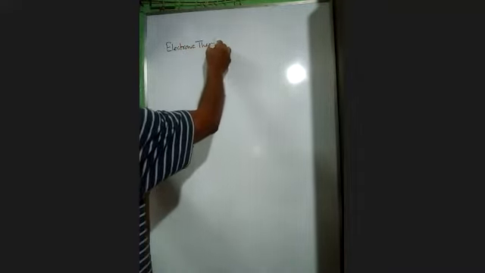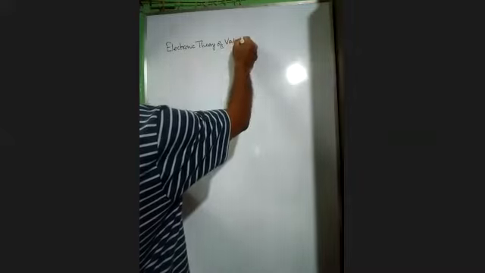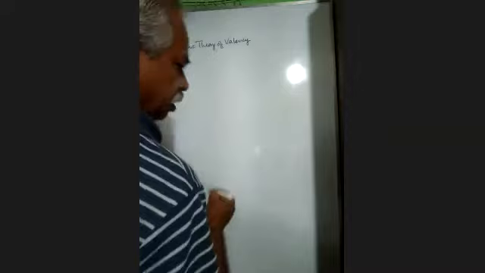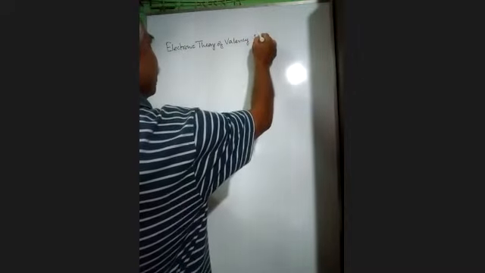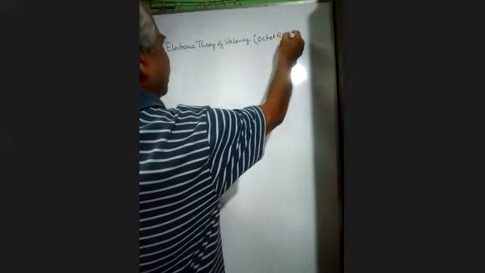Electronic theory of valency, or you call it the octet theory.